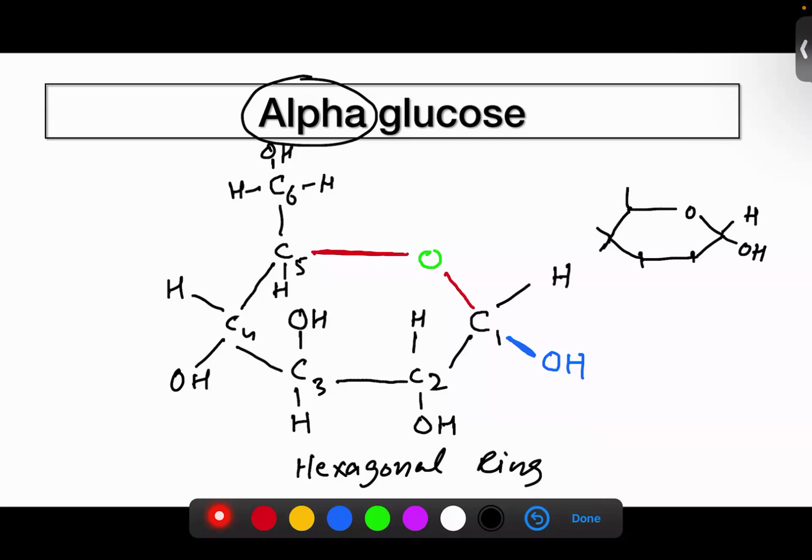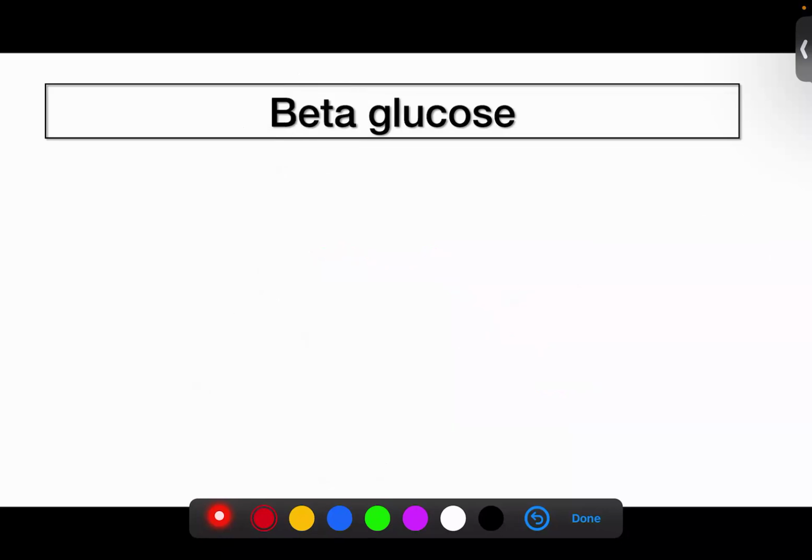In alpha glucose and beta glucose, there is a difference in the position of the OH group on carbon number 1 only. Okay, so both of them differ from each other on carbon number 1. They have a different position of the OH group. In beta glucose, if I redraw beta glucose, similarly, this has a hexagonal ring.